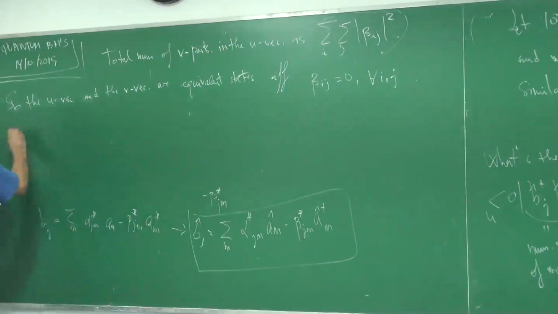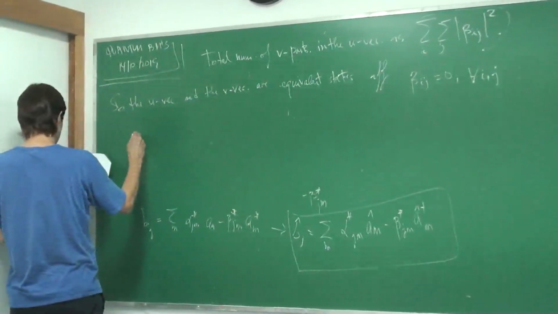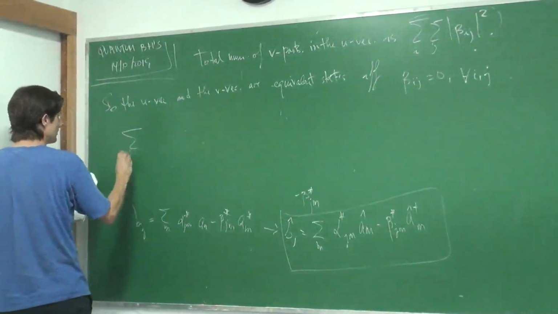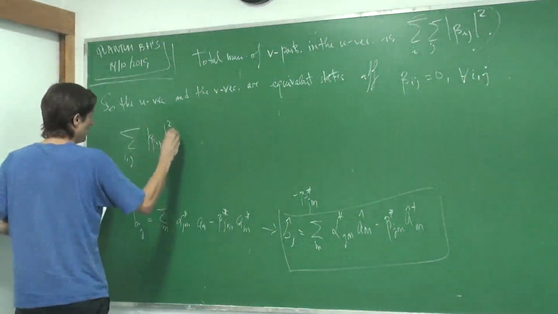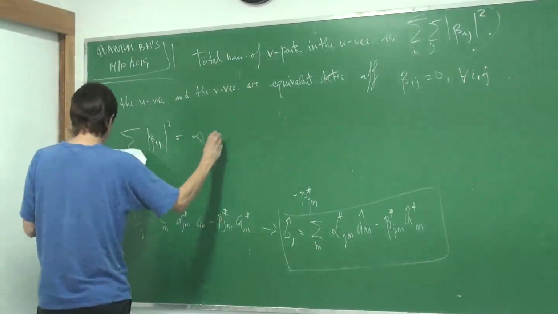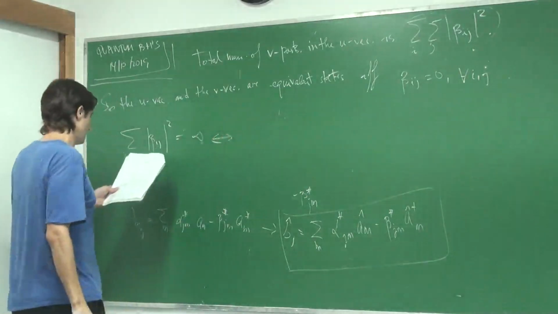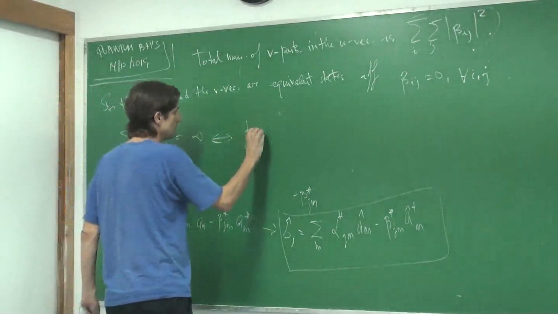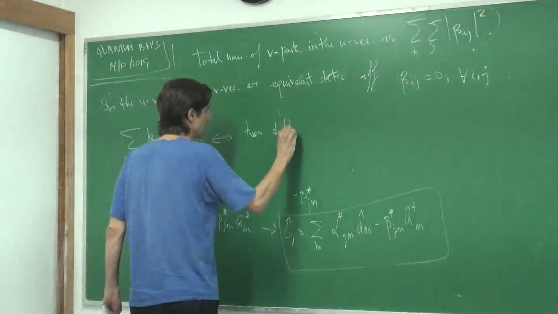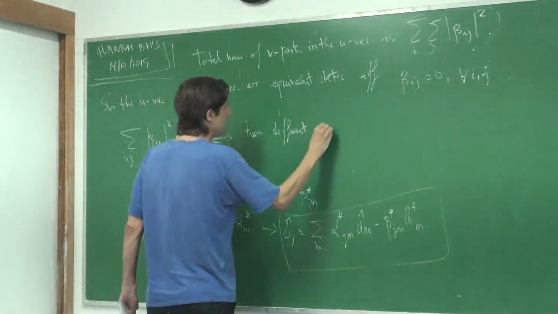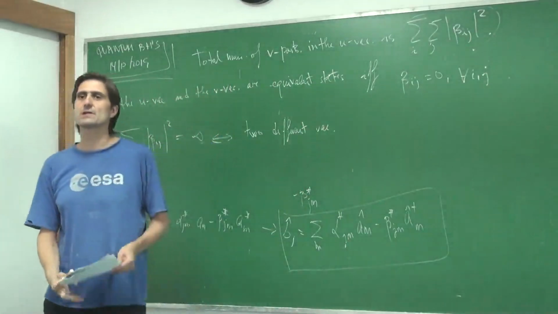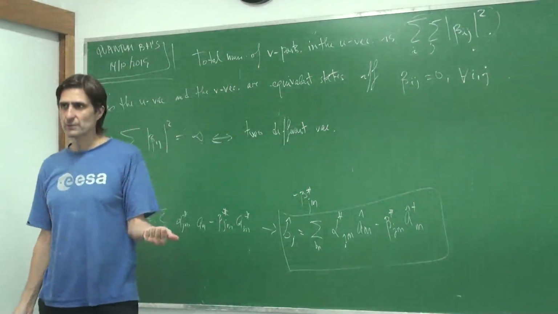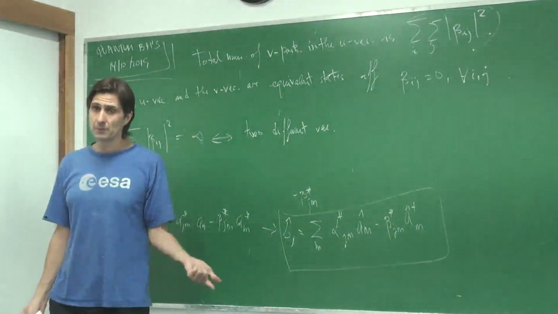So, in the case of this double sum being infinite, that means the two different vacua, and when I say two different vacua, I mean everything involved with this: the choice of positive frequency modes and the choice of Hilbert space.